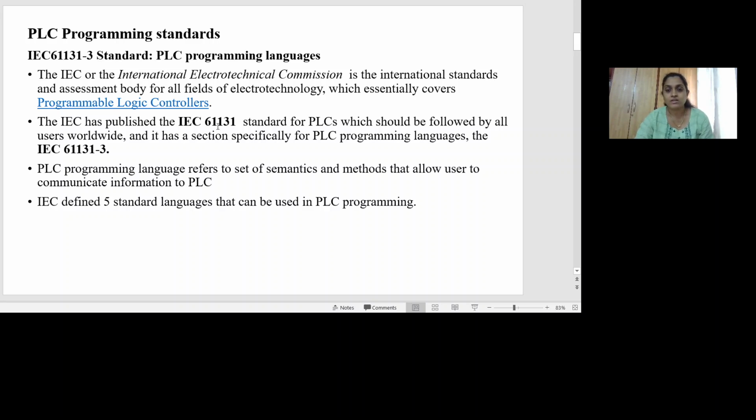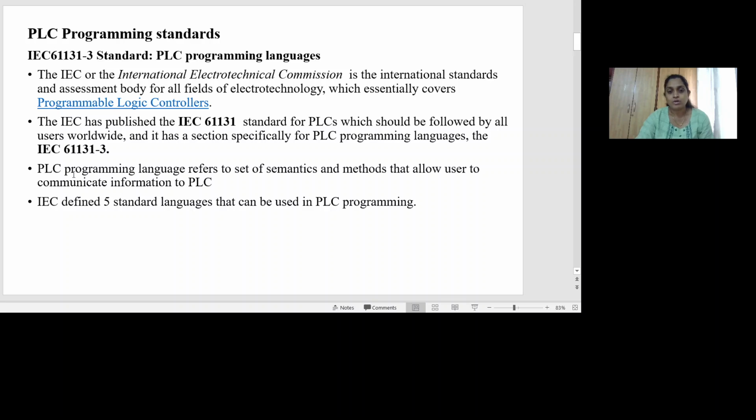Again, in this 61131, we have a section called 3. Section 3 is specifically for PLC programming languages. The PLC programming language refers to a set of methods and semantics which allows the user to communicate information to the PLCs.